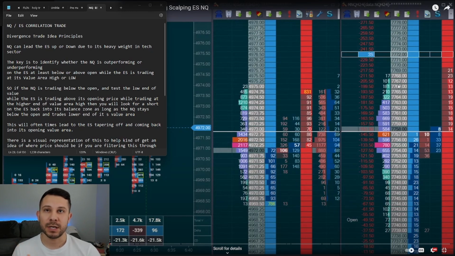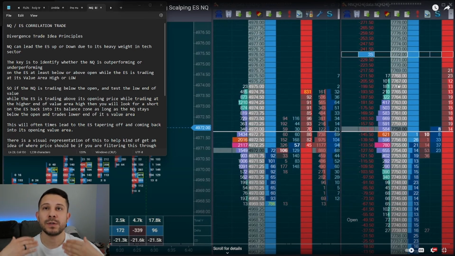The ES is the SPX futures, the NQ is the NASDAQ futures, and the ES has a component that is heavily weighted in the tech sector, and the NASDAQ is exactly that tech sector that most times will lead in either direction, whether it's lagging or outperforming. That's one of the principles you must understand first and foremost: that correlation exists, which is why this opportunity to find this trade lies within the market.